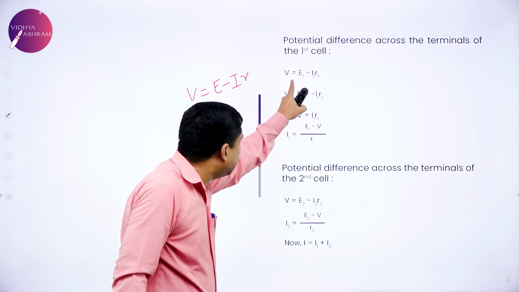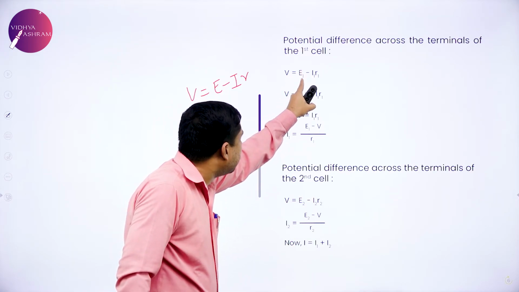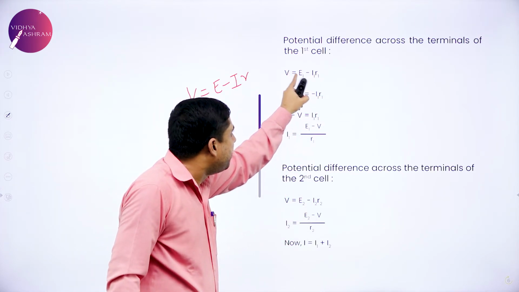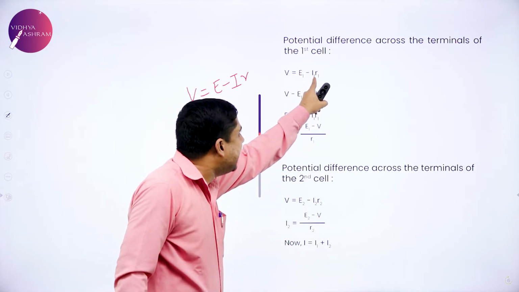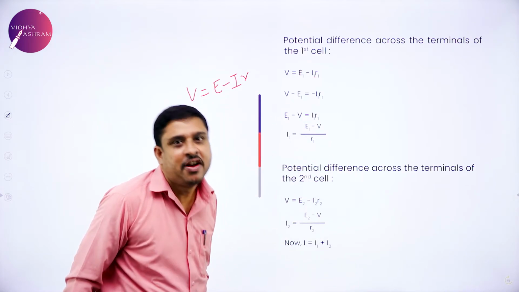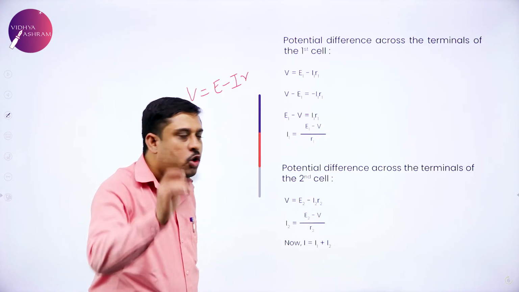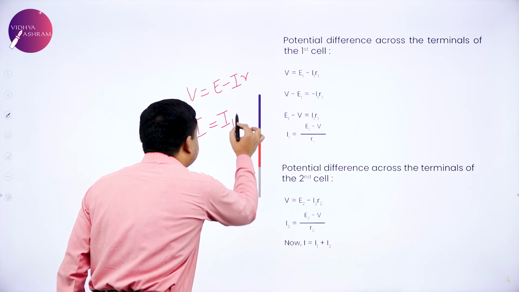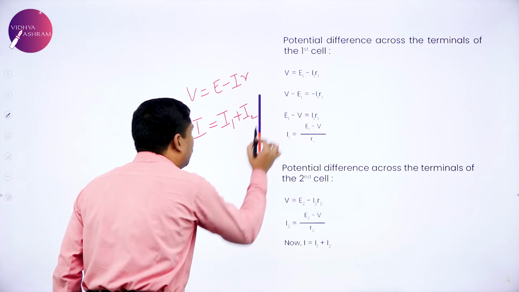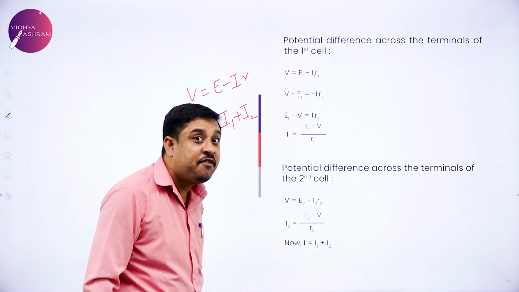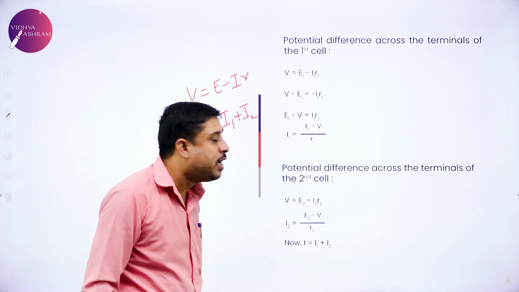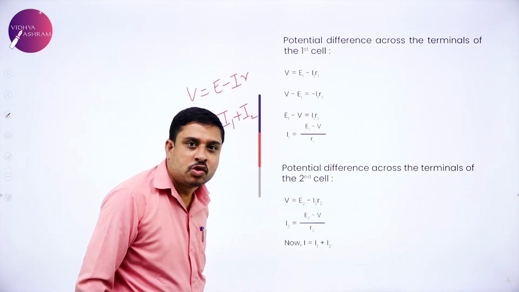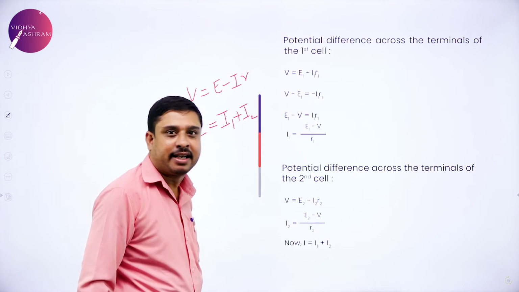So V equals E1 minus I1 R1, the EMF and internal resistance of the first cell. Note students, I equals I1 plus I2. My objective here is to calculate I1 and I2 individually so that I can find the main current.